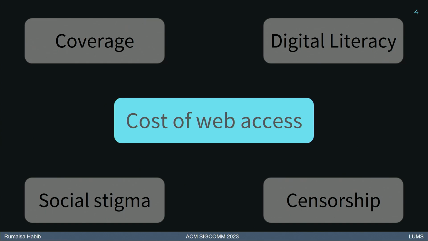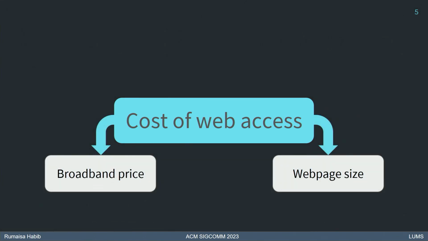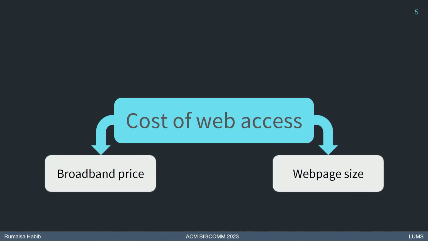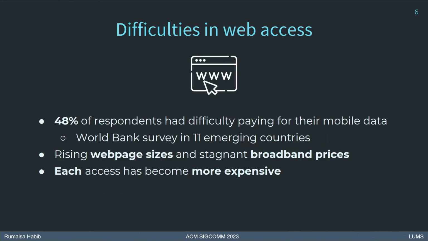This is defined by two things: broadband price, which is how much it costs a user per byte, and web page size, which is the total number of bytes that a user must buy in order to access a web page. We know that cost of access is a key barrier because of a survey conducted by the World Bank in 11 emerging countries, which showed that nearly half of their respondents had difficulty paying for their mobile data usage.